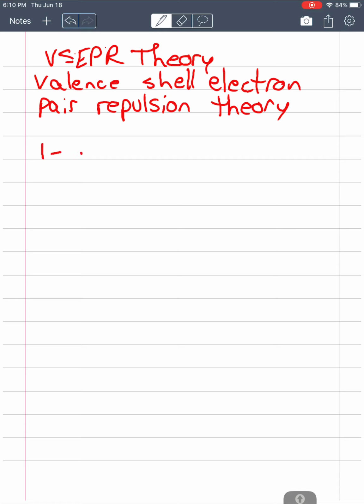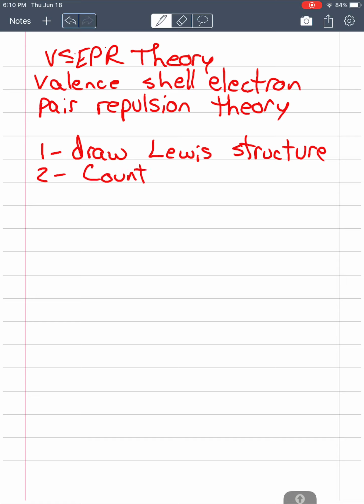All right, so the first step in VSEPR theory is to draw the Lewis structure. The second step is to count groups.